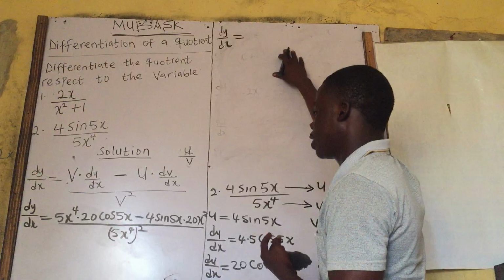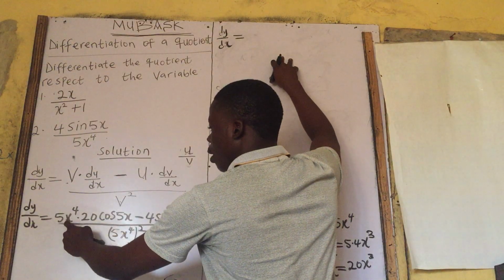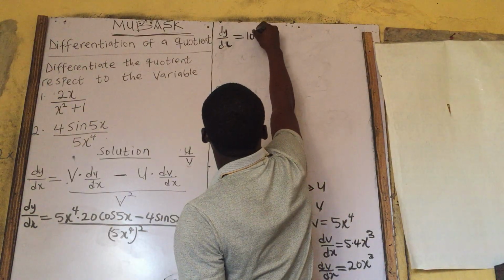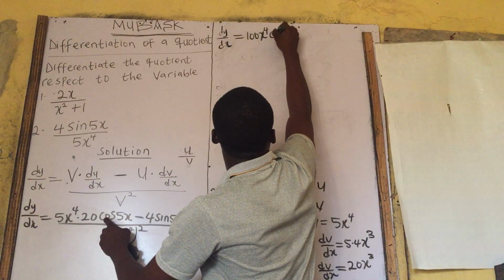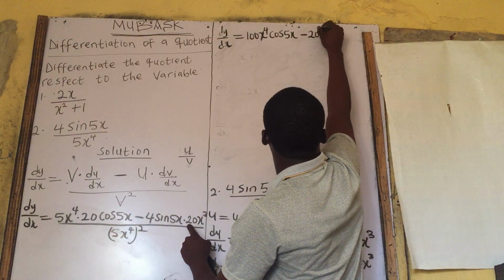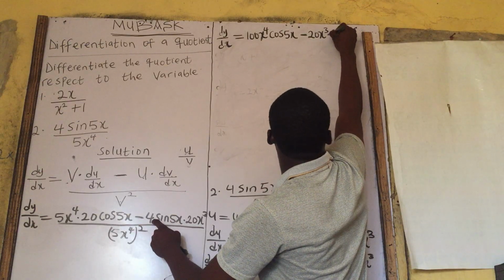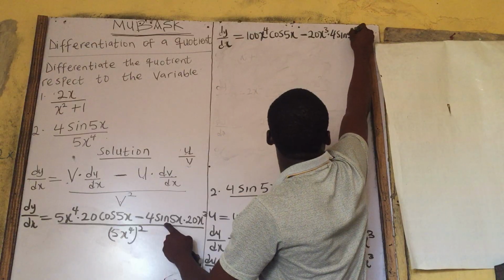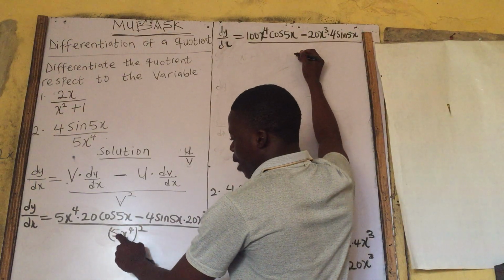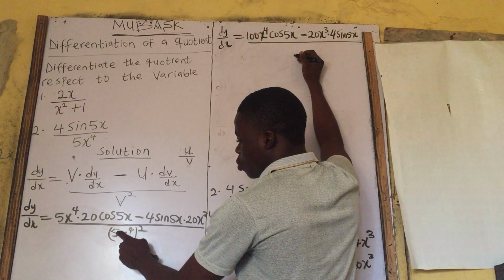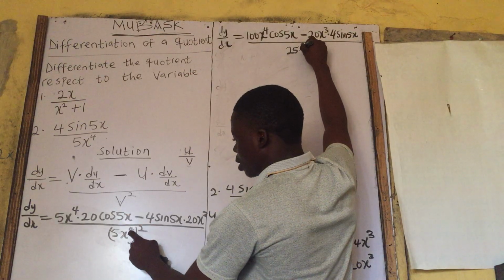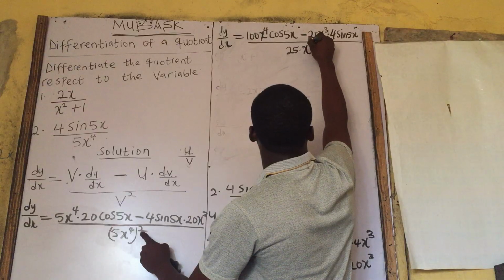Yes, we can arrange this like this. 5x raised to power 4 times 20 is what? 5 times 20 is 100x raised to power 4 cos 5x, minus 20x cubed multiplied by 4 sine 5x, divided by what? 5 squared is 25 multiplied by x raised to power 4 times 2, which is 8, x raised to power 8.